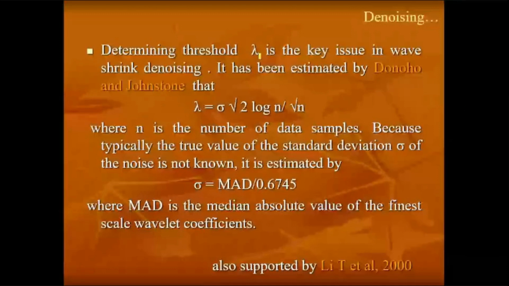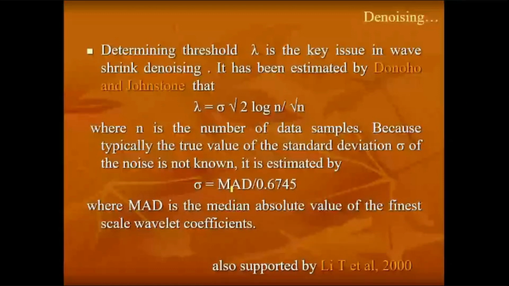So here Donoho normally provides the delta equal to this one. Here n is the number of data samples, because typically the true value of the standard deviation sigma of the noise is not known. So it is estimated by this.